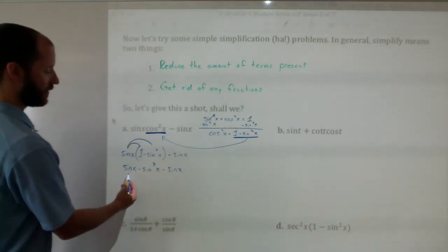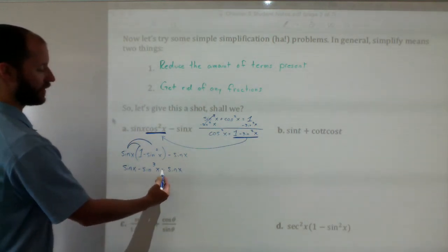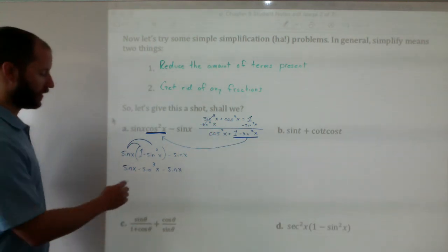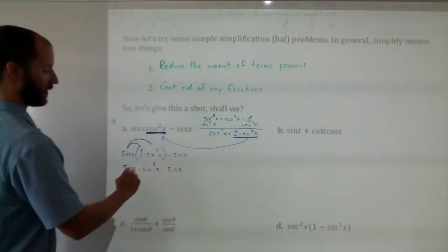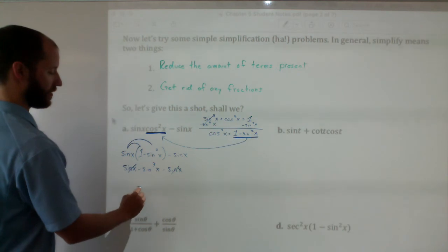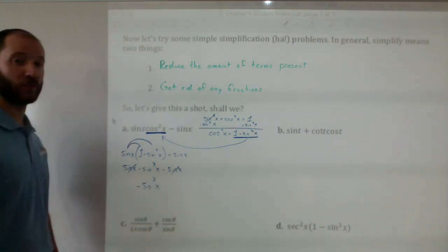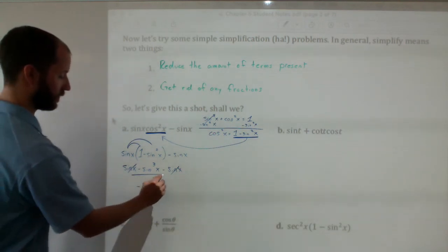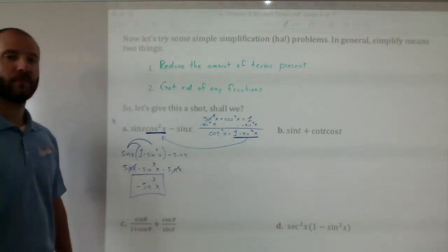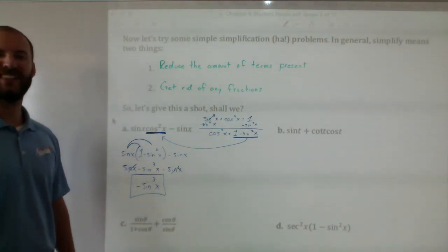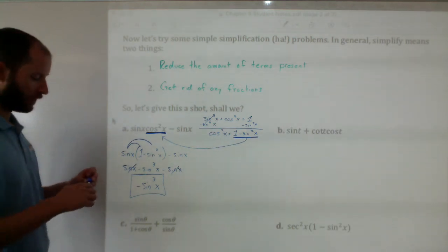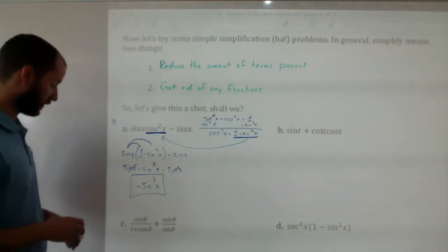I have sine minus sine cubed minus sine. So sine and negative sine cancel out. I've reduced down to a single term, and I think I got a pretty simple expression, more simplified than when I started with.